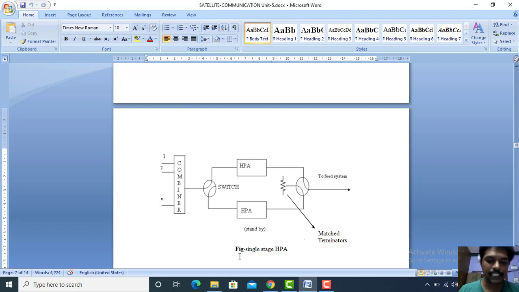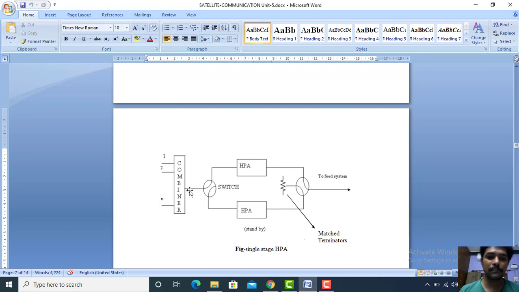So this is one single stage power amplifier. The combiner receives n number of multiple information signals, combines them, and gives them as a single signal to the high power amplifier.